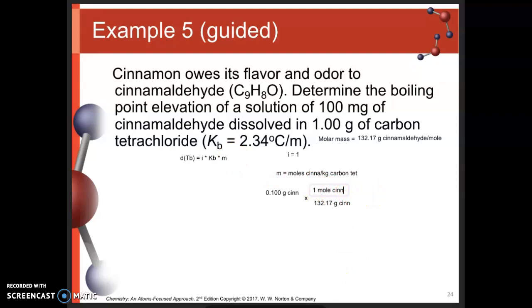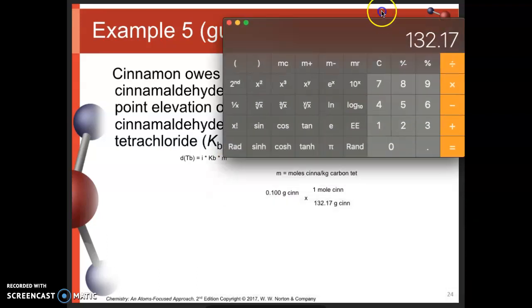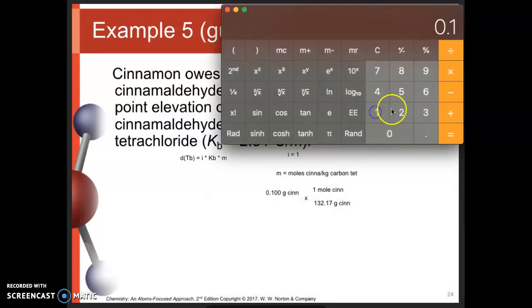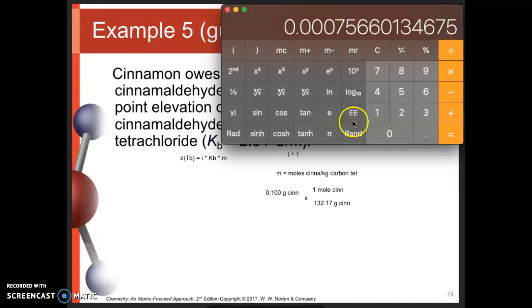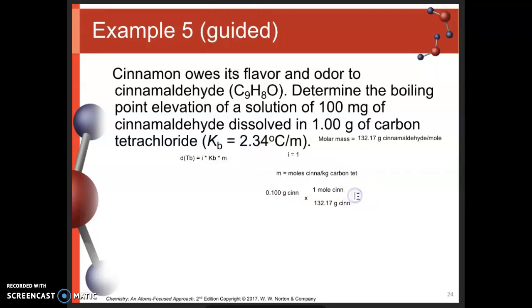And so if I throw those into my calculator, 0.1 divided by 132.17, I get to 3 significant figures, 0.000757 moles of cinnamaldehyde.